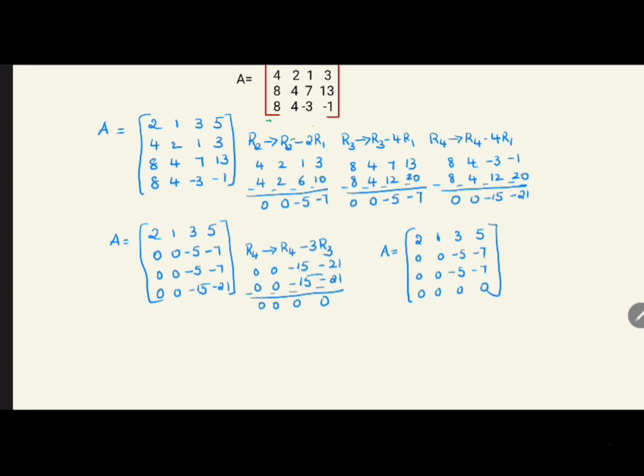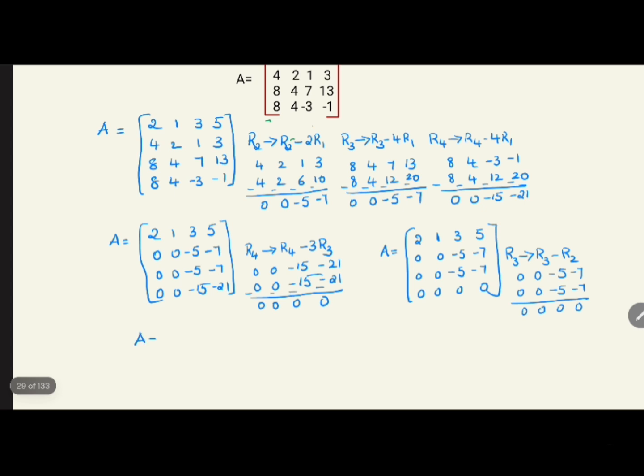So I can subtract these two rows. R3 implies R3 minus R2. So what is R3? 0, 0, minus 5, minus 7. R2 is 0, 0, minus 5, minus 7. Now, if I subtract all these two, it becomes 0.